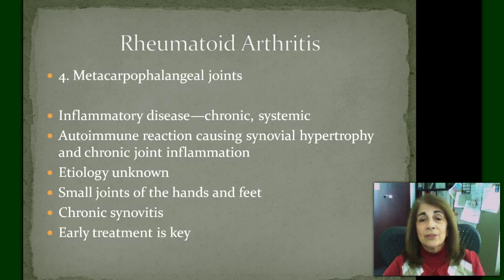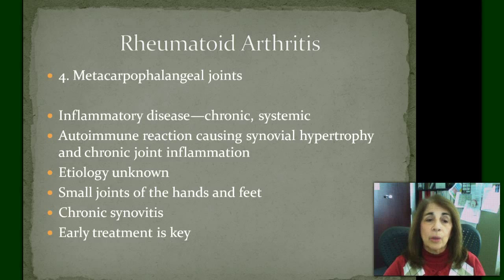Rheumatoid arthritis is a chronic systemic inflammatory disease. It's actually an autoimmune reaction which causes synovial hypertrophy and chronic joint inflammation. There are some theories about the cause, but there is no definitive known reason why there is an autoimmune reaction setting up this chronic inflammatory response.